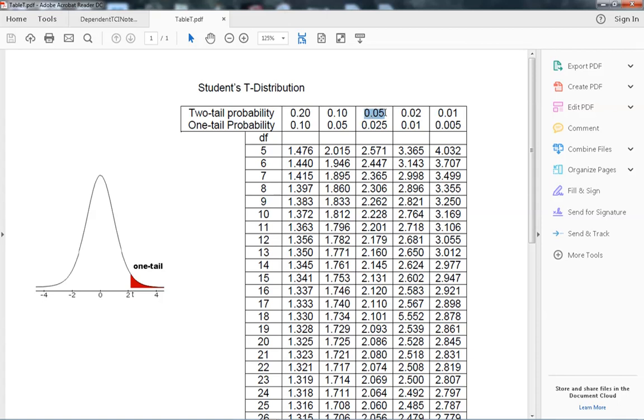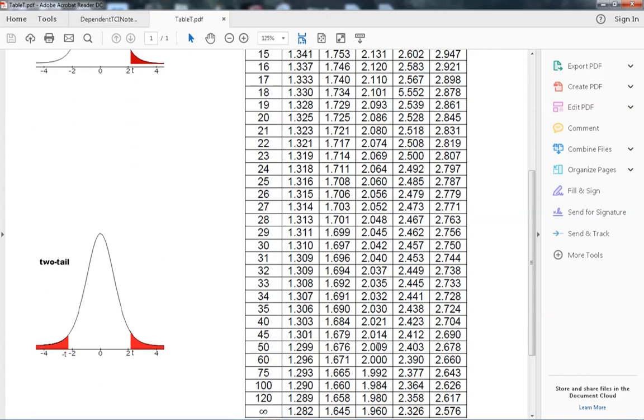So the two-tail probability of 0.05 tells us to use this column, and I would want to go down to where my degrees of freedom is 50, that row would tell me to use a t critical point of 2.009. Now if I were conservative and used the smaller degree of freedom number that's actually in the table, 45 is the next smaller number in the table compared to 49, which is what I want for the degrees of freedom, I would use a critical point of 2.014.